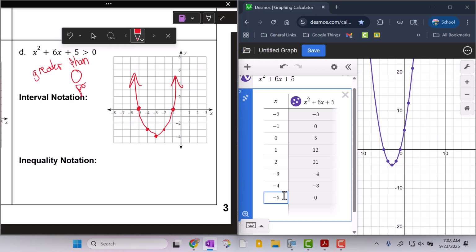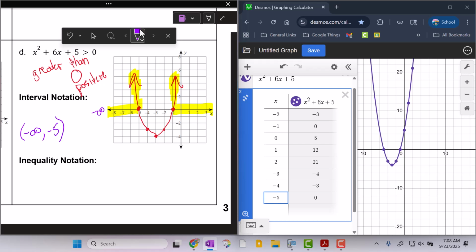So we want the positive intervals now. So that's this part. So it's here and out. In interval notation, this first side starts all the way at -infinity, and it goes up to -5.